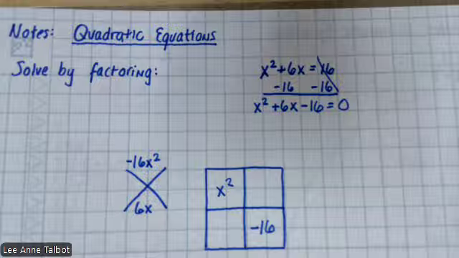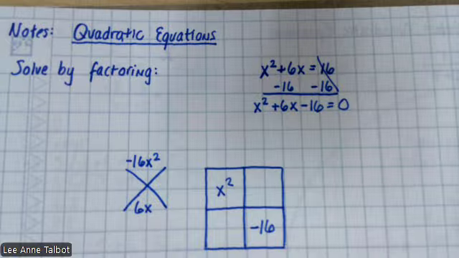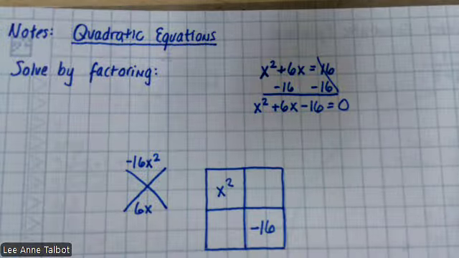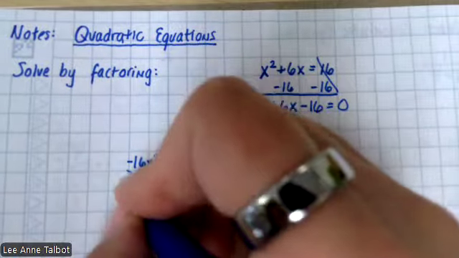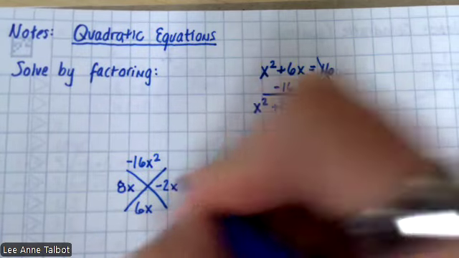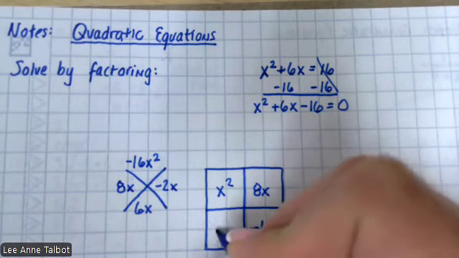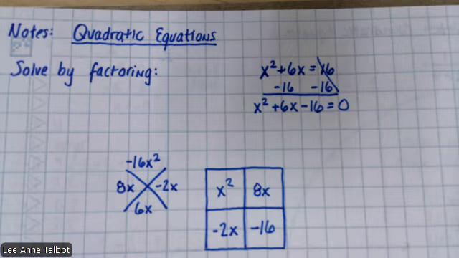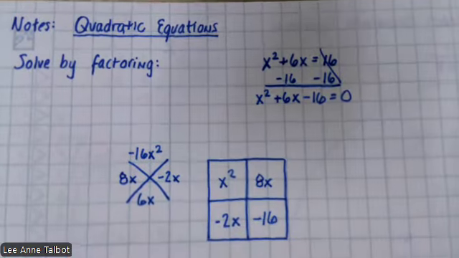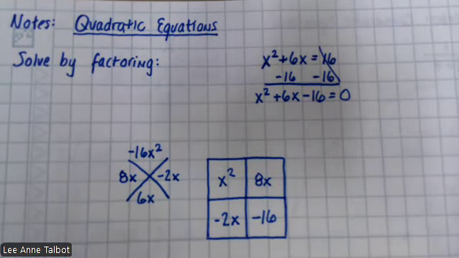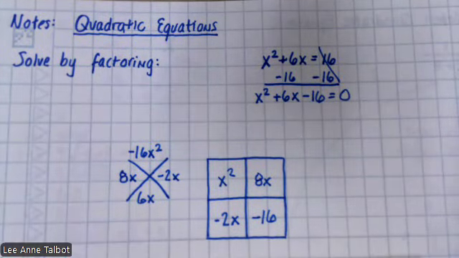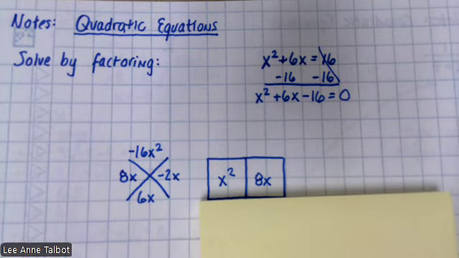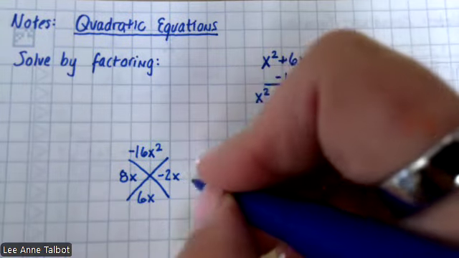Okay, now here's the multiplication tables part. What multiplies to be negative 16 and adds to be 6? 8 and negative 2. Great job. 8x, negative 2x. Okay, then I like to narrow my focus down to the top two boxes and say, what is the greatest common factor of just those two, which is x.